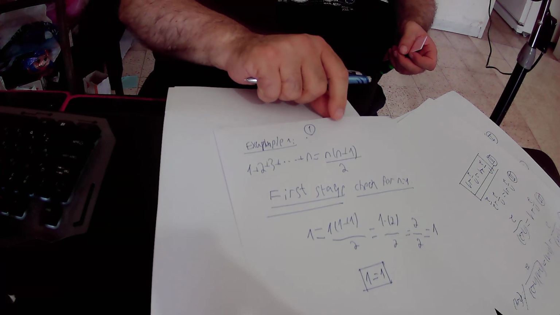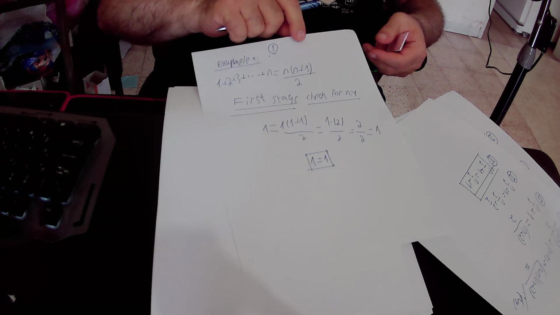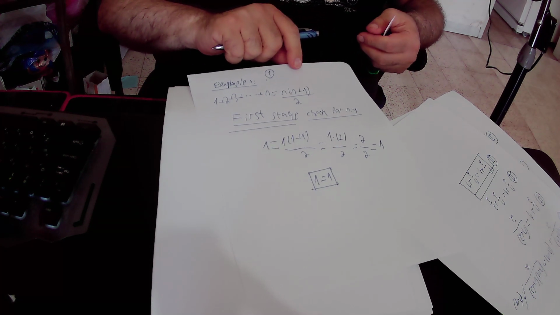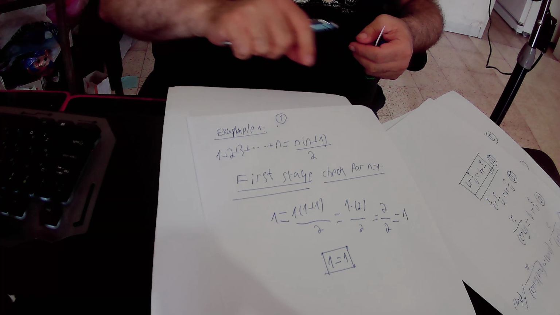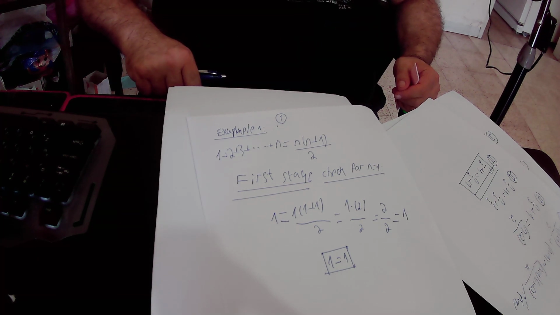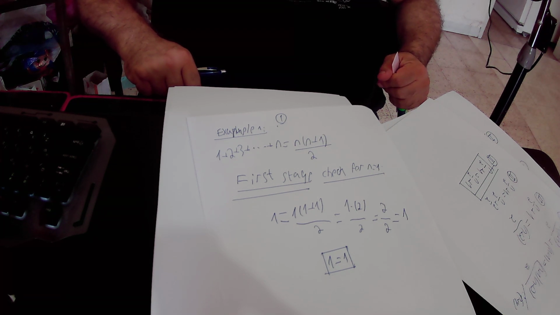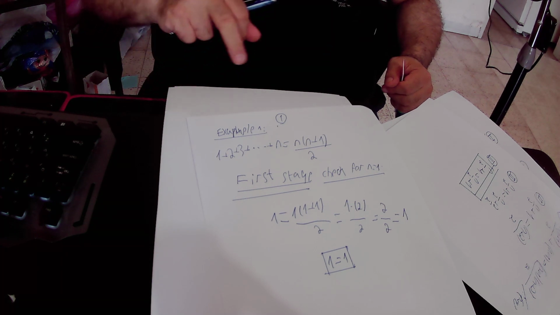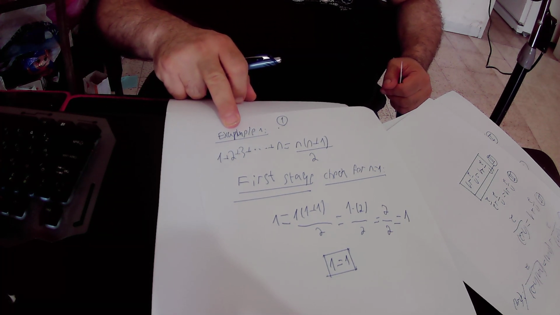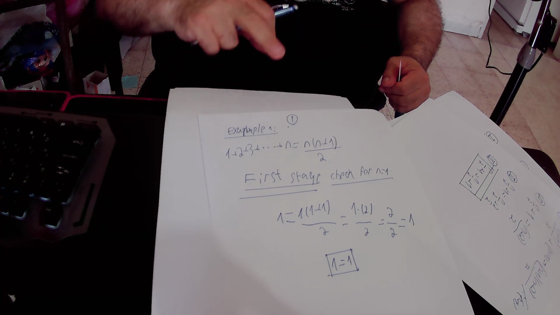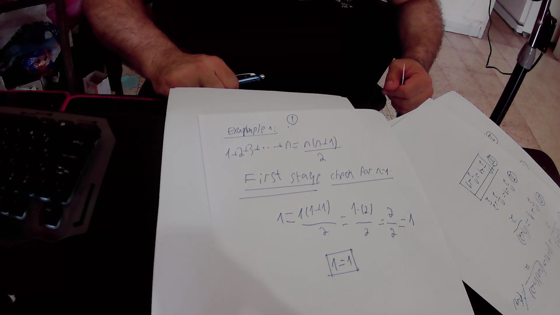So by completing the two stages of the proof, we actually proved that this statement is true for all the natural numbers. Why?